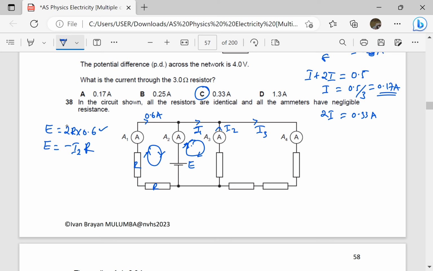Of course, the negative will just show an opposite direction. So I'll have negative I2 R equal to 1.2 times R. I've combined these two equations. So I2 is equal to negative 1.2 amperes, or simply in magnitude it is 1.2.